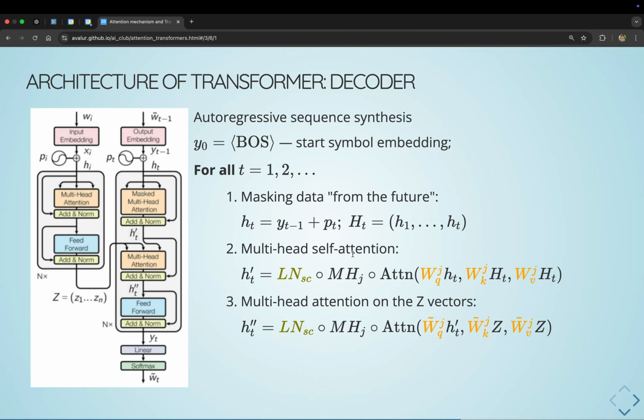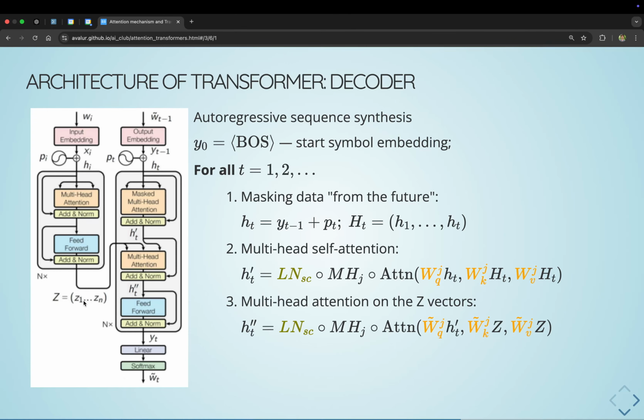The third step is not self-attention. This is the first time we use classical multi-head attention, or cross attention, because here we take the queries from the decoder, these are vectors H prime, and keys and values come from the encoder.